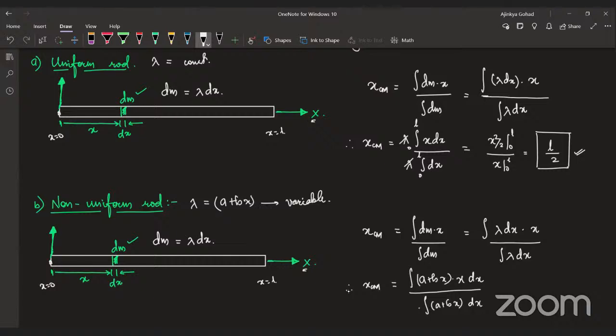Now it's a simple integration, integrating it from 0 to L. If you look at this, the denominator will be aL plus bL square by 2.